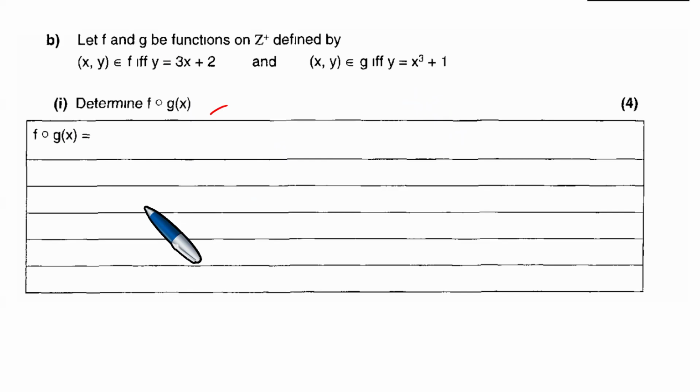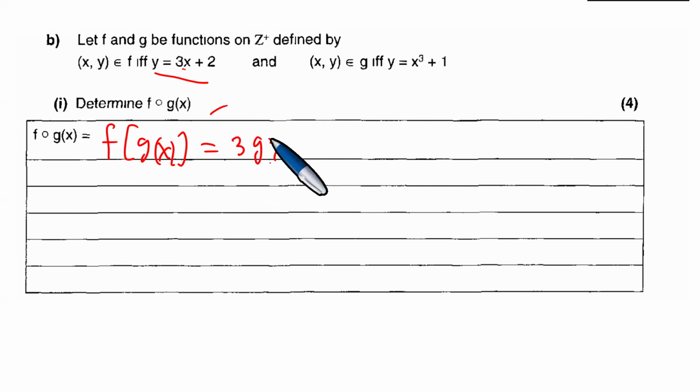Right, and to determine the composition of the functions, we proceed as follows. The composition of these functions is going to be f of g. And f is 3 times the argument, so it's going to be 3 times g, plus 2.